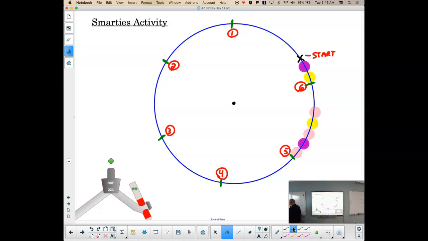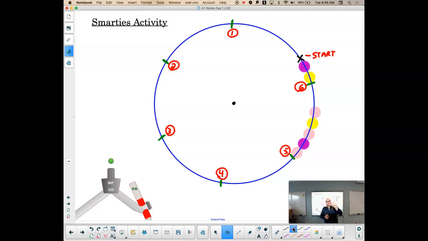And that should have been for everyone, no matter what you used as your circular object. You should have had 6 full radii and then 1 little part of a radius.